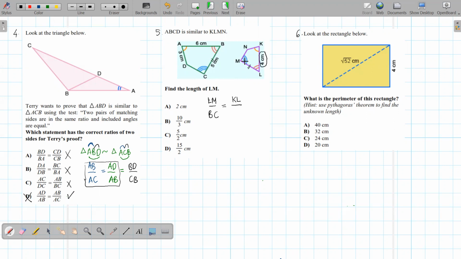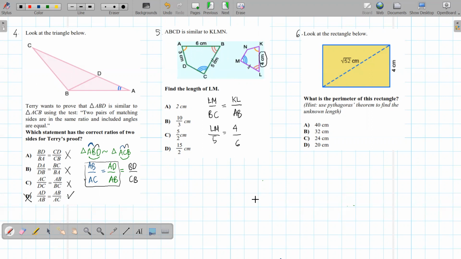Then it equals the matching side of TL. TL is between angle 1 yellow and 2 orange, so it is AD. Let's write AD first. Then we substitute the numbers: BC is 5, KL is 4, and AB is 6.